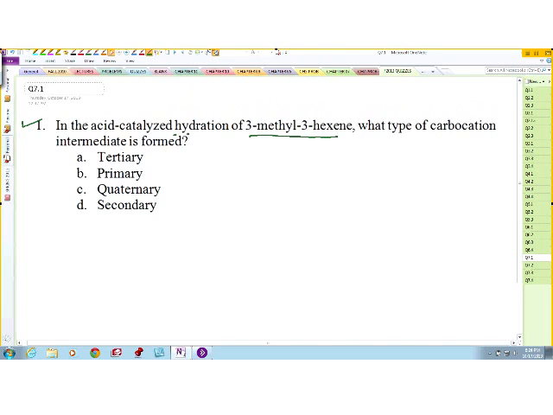I say hydration. Hydration means you are adding the elements of water, which is hydrogen and OH, across the carbon-carbon double bond. So, for example, say we have this molecule here, and for hydration, you're essentially going to add water, but however, water by itself would not add to a carbon-carbon double bond, so we do need to have an acid as a catalyst.